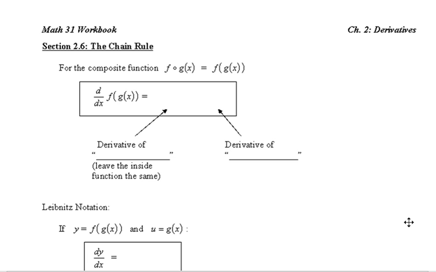Okay. First of all, take a look at the chain rule in your notes. We're going to take a look at the chain rule today, section 2.6. You've already studied composed functions. Composition of functions is a very important concept in mathematics.